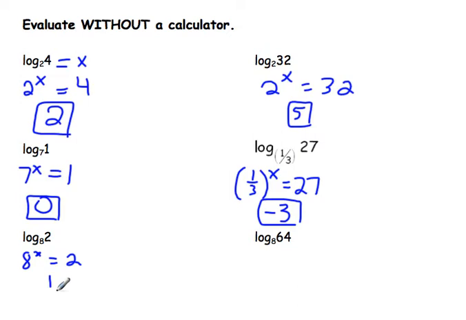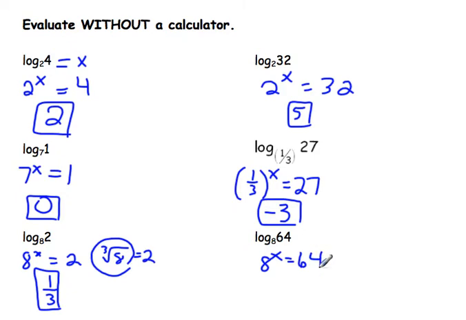So it would be the cube root of 8 would give us 2. And then how do we write this with an exponent? Remember, the index goes to the bottom, and this is 8 to the first. So the exponent on the 8 would be 1/3. And then for the last one, 8 to what would give us 64? That would just be 2. 8 squared is 64.